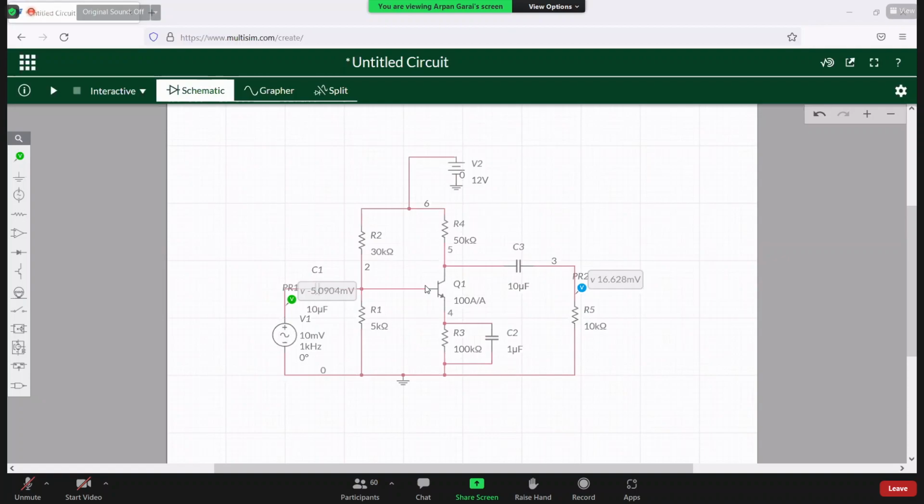You can share the graph with us. In my WhatsApp number, you can also send, or in the chat also you can send, or else you can also share the screen.